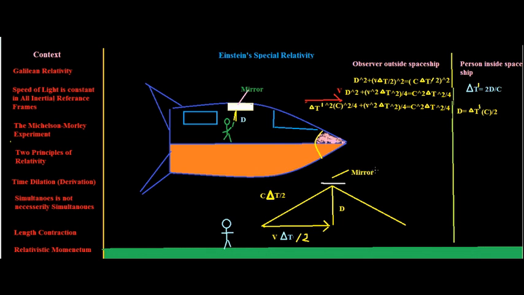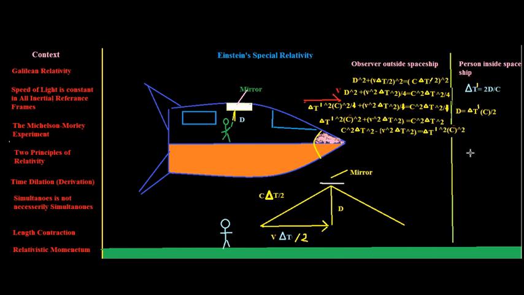And now you could cancel the 4's on both sides of the equation, and that will give you this equation. Now you could isolate for t', which is the time inside the spaceship.